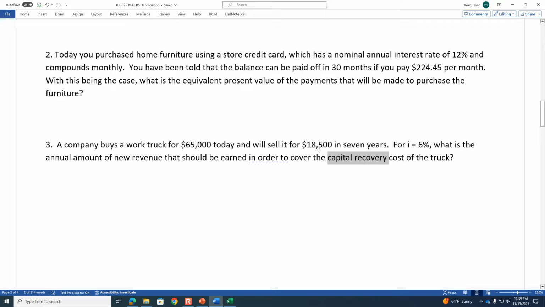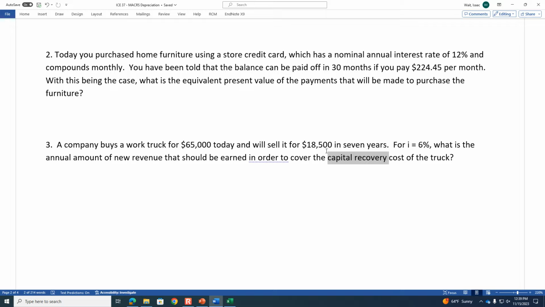So capital recovery, remember, as I've illustrated on the board here, you're given a purchase price, which is an outflow, and you're given a salvage value or a sales price in some future time, and that's an inflow. So the inflow that you get in the future is going to be less valuable than the purchase price today. So the net effect of that, if you annualize both, is that it's going to be an outflow each year.